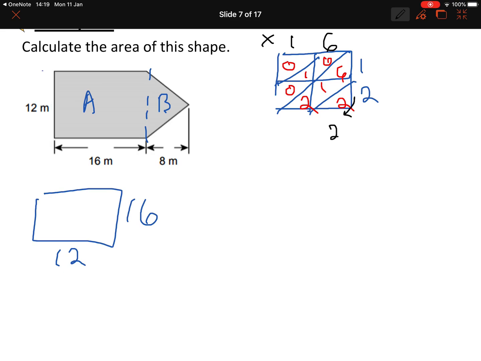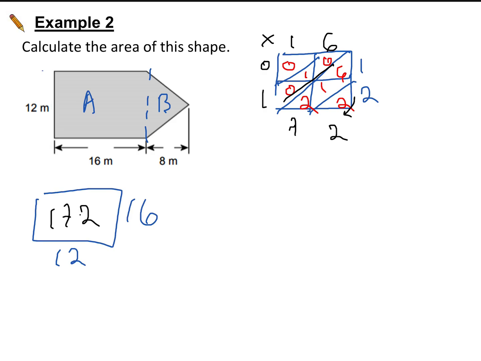So when we add along, we go diagonally, so that's going to give us 2. 4 plus 1 plus 2 is 7. There's a 1 here. If we go along this diagonal here, that's just a 1. And there's a 0 here. Okay? So 12 times 16 is just 172. And I'll put this on the inside of this rectangle here.